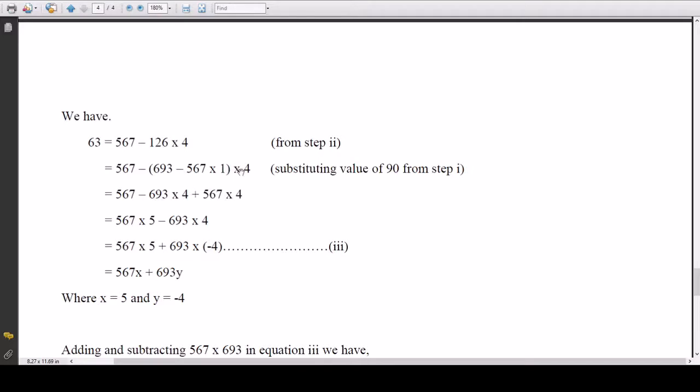We distribute this 4 to 693 and 567. Okay, now 567 is here, 567 is here. This is plus, this is also plus. This is 4 times of 567 plus 1. That means it will be how many times? 5 times, isn't it? 567 multiply 5 times minus 693 multiply 4 times.